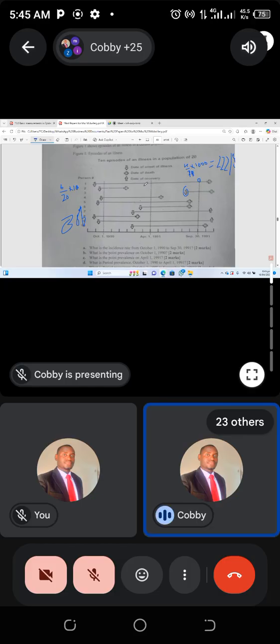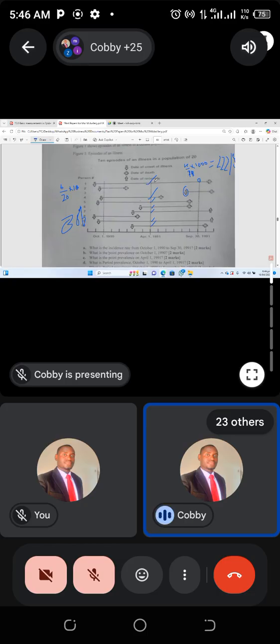Which ones are the cases? We have this one, 2, 3, 4, 5, 6, 7, 10. So these are the cases that we have.